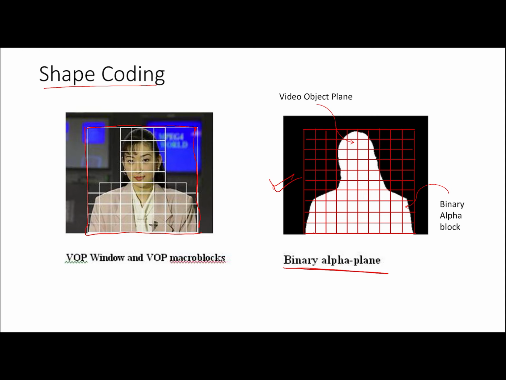This is also called a binary alpha plane. The approach followed by MPEG 4 was to encode the mask that represents the shape.